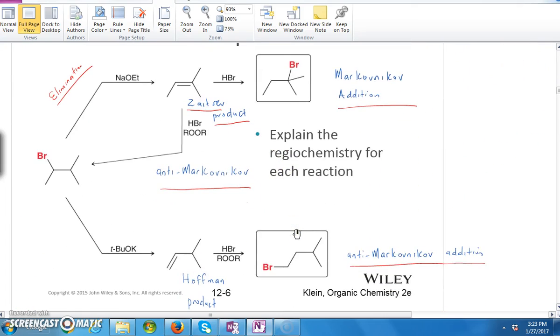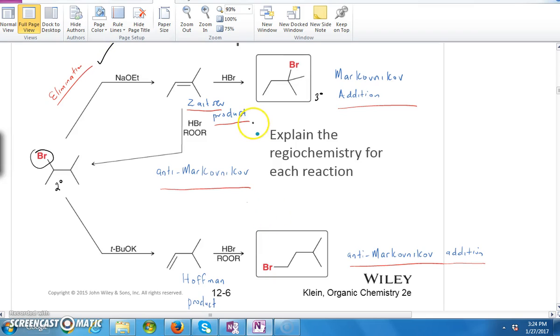Okay, look at this example here. Again, you can see that the halogen has shifted. It's on the second degree carbon, but here it's on the third degree carbon. So the first thing you want to do is an elimination.